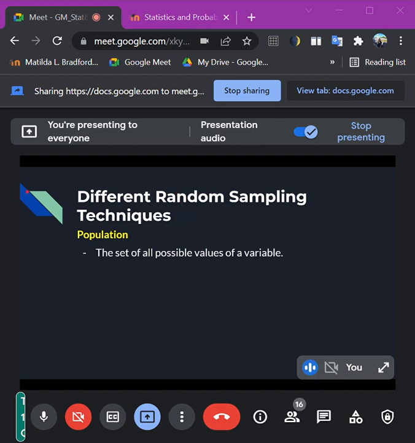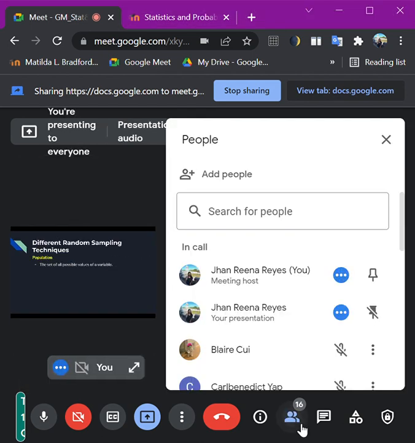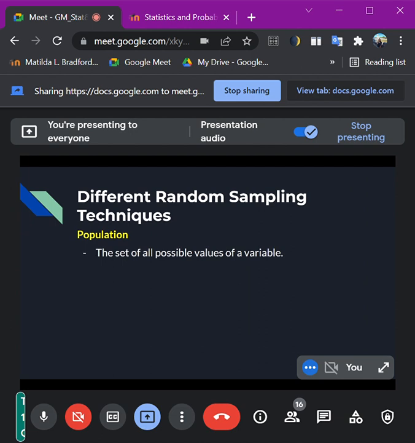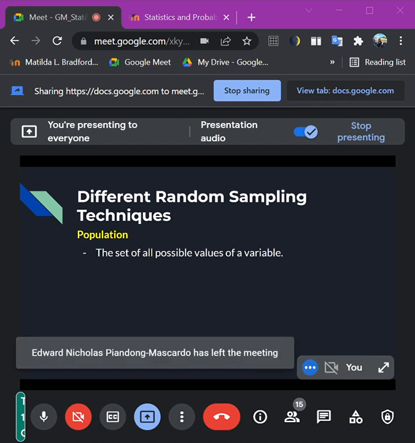Can you please read population, Blair? The set of all possible values of a variable. Okay, so when we say population, these are the set of all values of a variable.